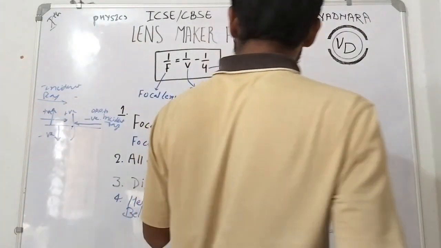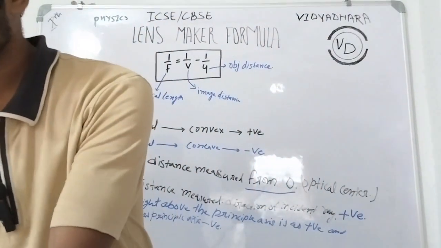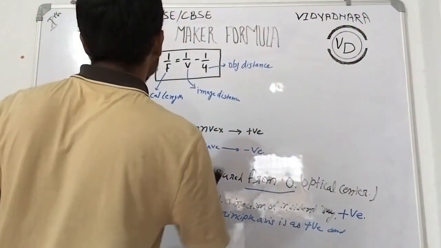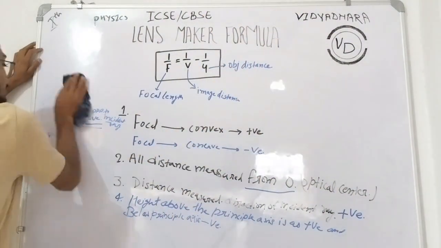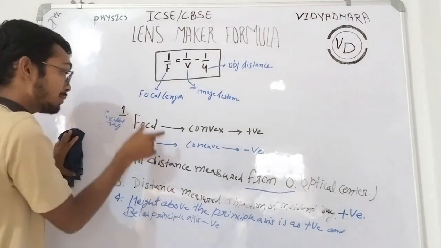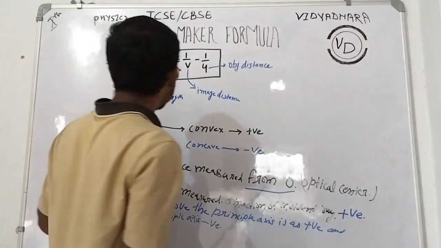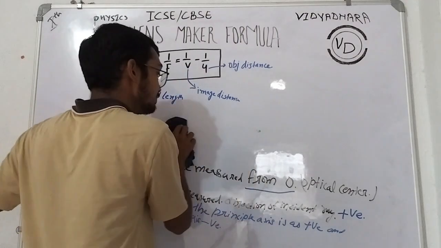So we are going to discuss with a diagram. So I rub the board. You must remember these 4 rules to make it easy.